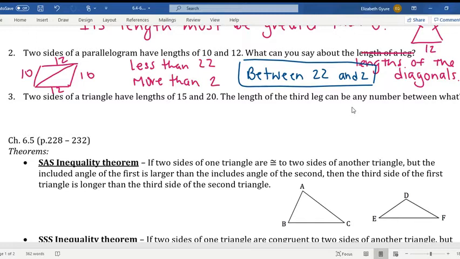You add to get your upper limit, subtract to get your lower limit. So it must be between 5 and 35, or 35 and 5. Doesn't matter there. Okay. Questions about how any of that works? Okay.